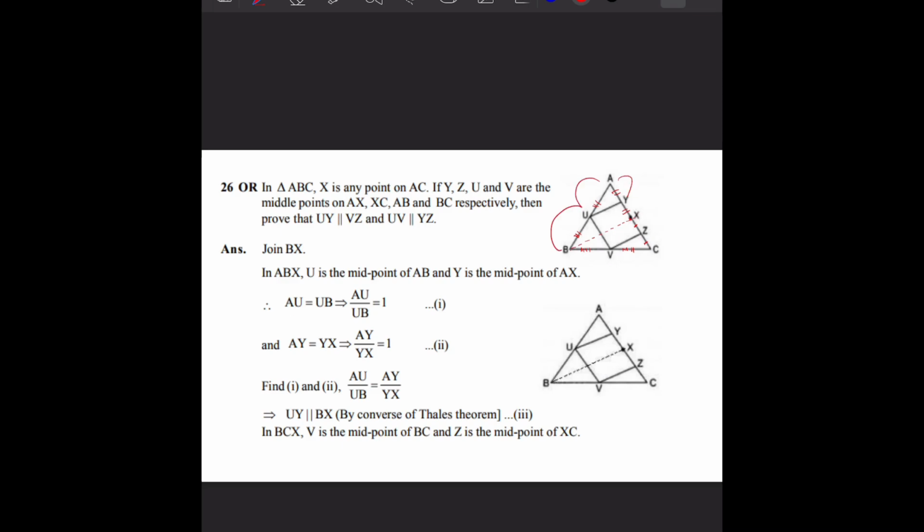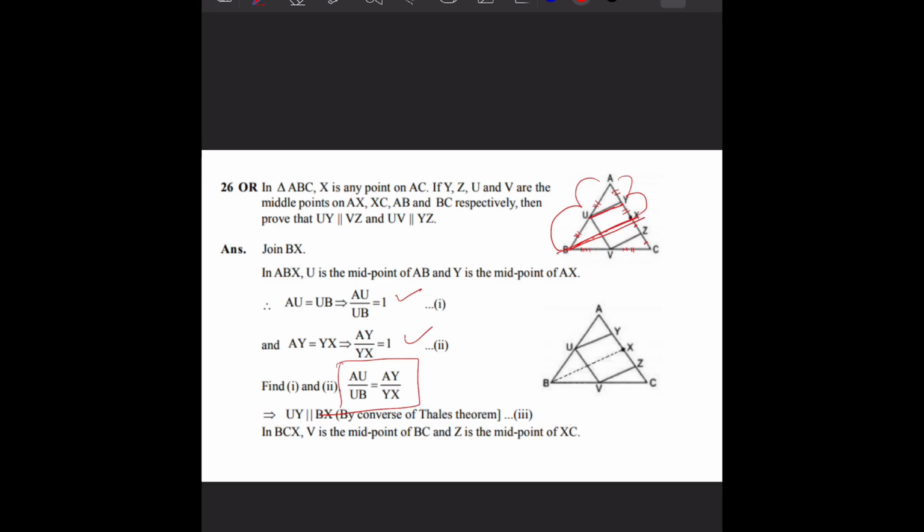If AU equals to UB, then the ratio AU upon UB will be 1. Similarly, AY upon YX is equal to 1. From 1 and 2, AU upon UB is equal to AY upon YX. Therefore, by converse of Thales theorem, UY will be parallel to BX.